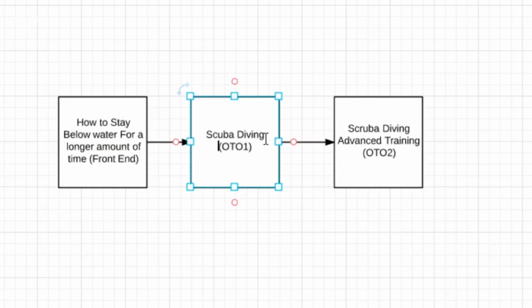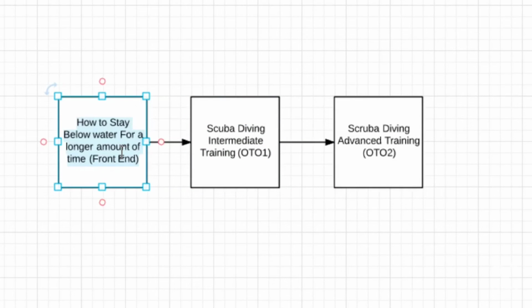So maybe OTO1 could be scuba diving, not basic training, but maybe intermediate training. And then maybe at that point, the front end offer could be scuba diving basic training.